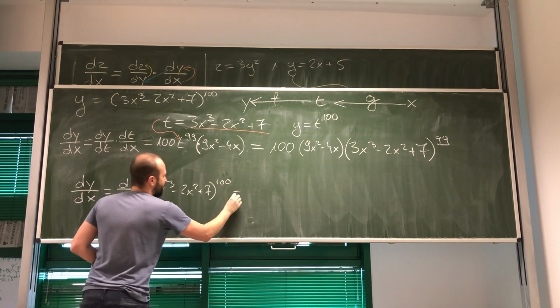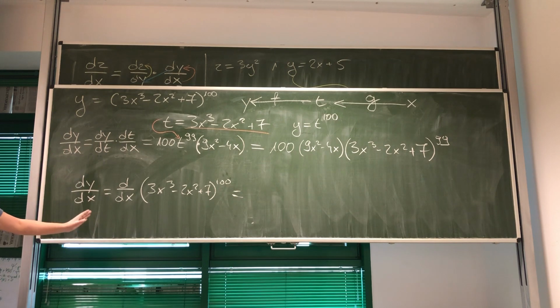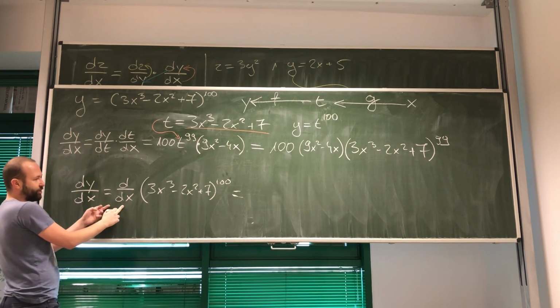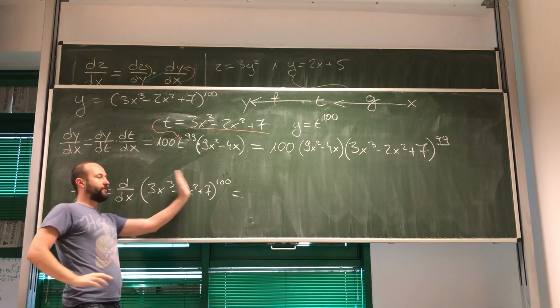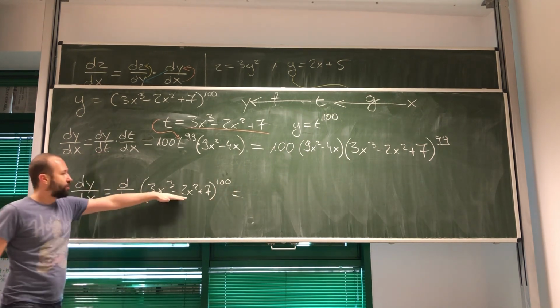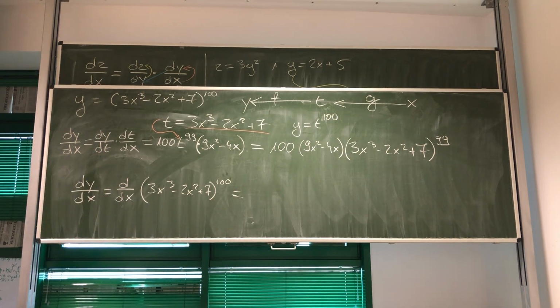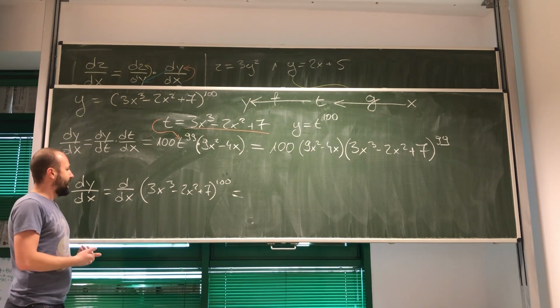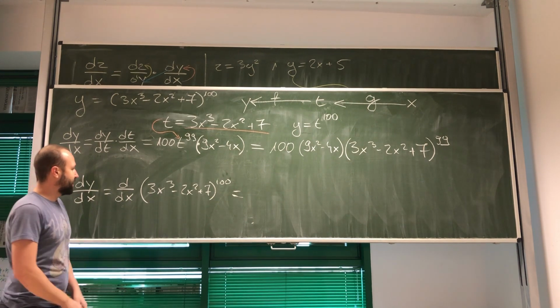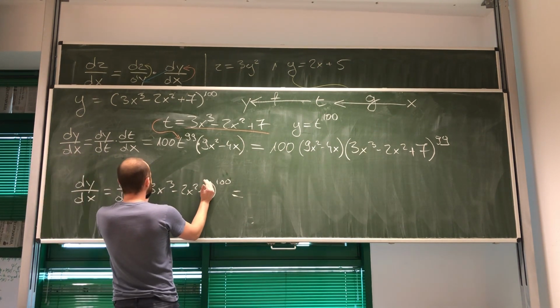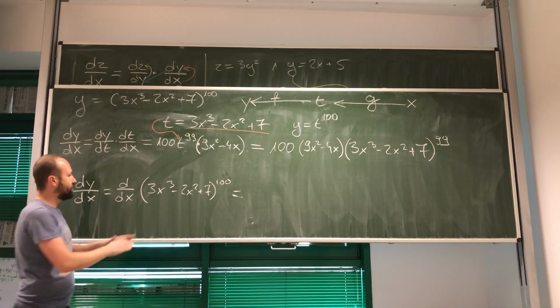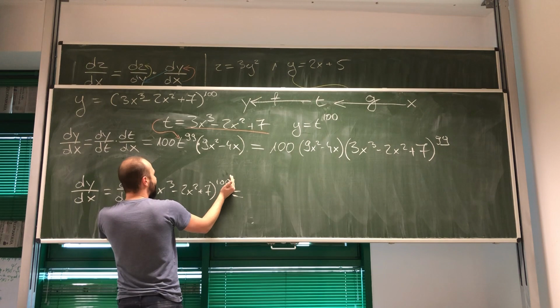Okay, so, look, again, as I told you before, we read this as a command, differentiate with respect to x, whatever's in front. Okay, so this is our function that we need to differentiate. And now, how can I think about it? Look, I can think about it in this way, that here we've got some inside function, and here we've got some outside function.